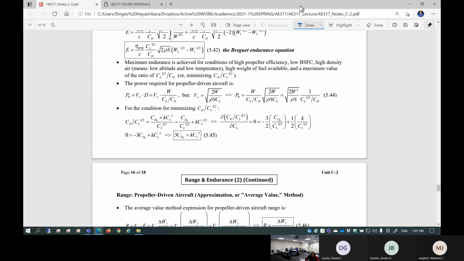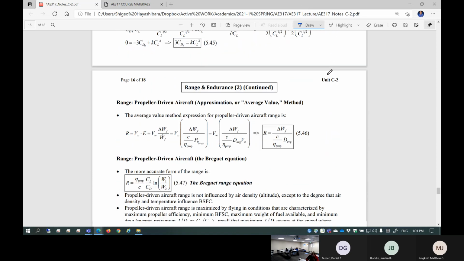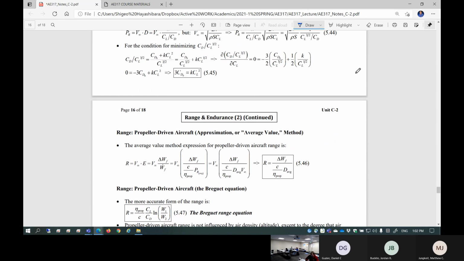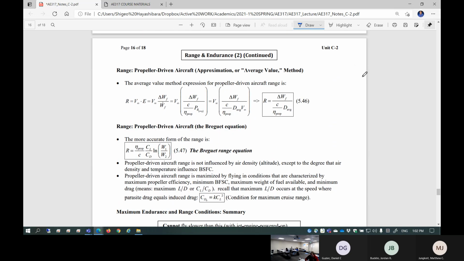So obviously the range is endurance multiplied by the airspeed you fly, so flight airspeed comes into play. If you multiply the endurance equation by the airspeed V infinity, this is the range for the average value method. This is the range for the Breguet range equation.